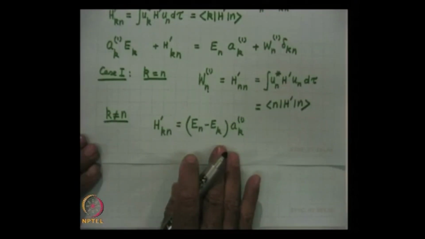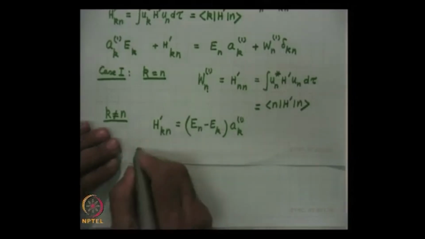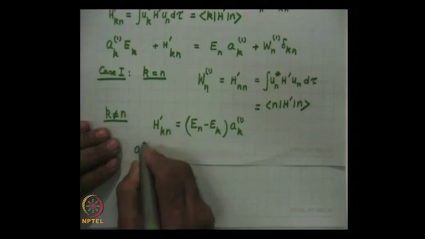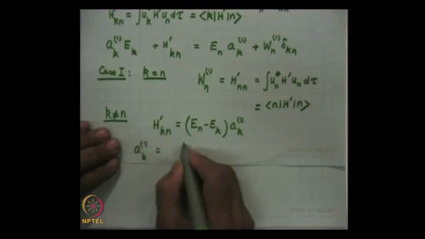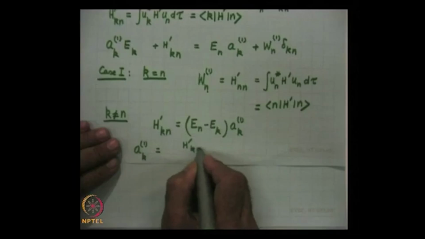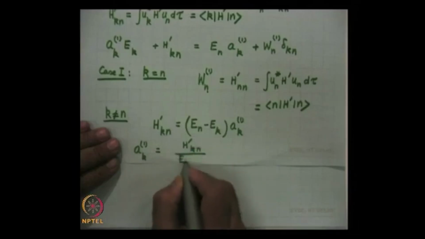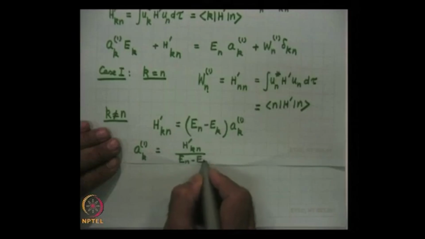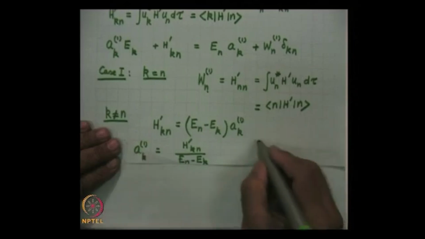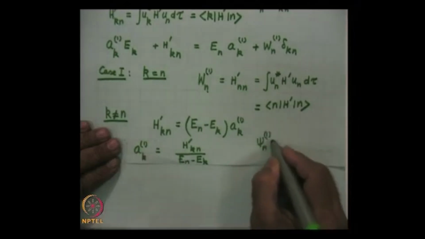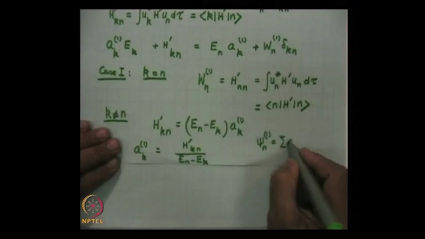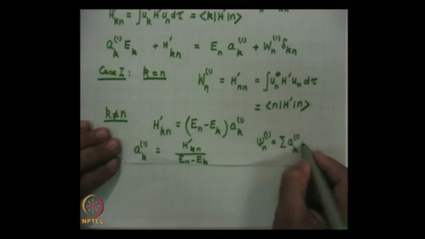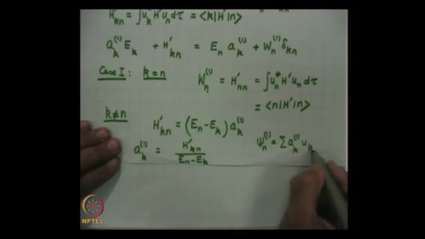So, you can use this to calculate A k 1, which will be equal to H prime k n divided by E n minus E k. So, we have the coefficients, because psi n 1 was equal to summation A k 1 u k. Actually, we had written A m 1 u m. This is a dummy variable, so it does not really matter.